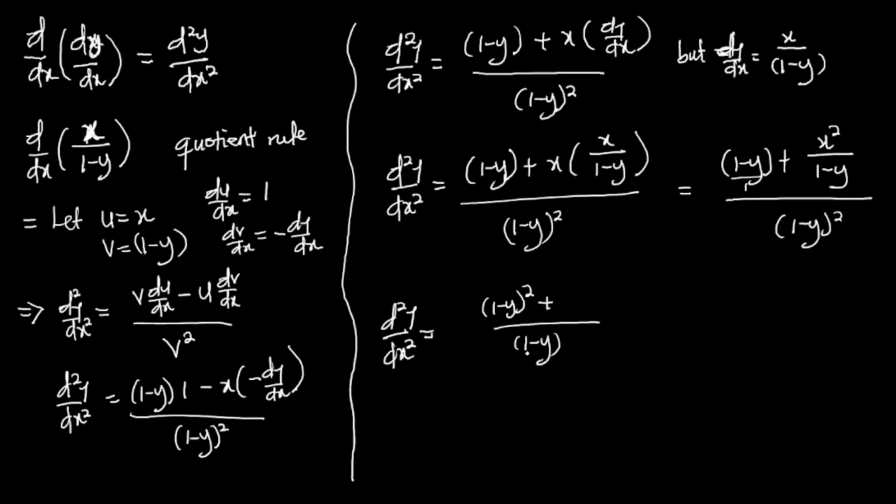1 times. So 1 multiplied by s squared will give me what? s squared over here. Then this guy on 1 minus y squared.